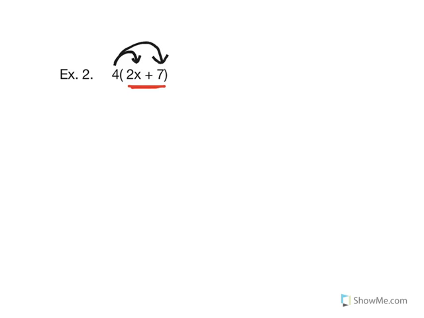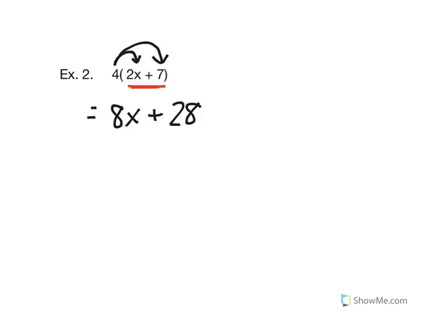The way we typically write it is bringing down our equals. 4 times 2 is 8 with that x on it. That's the 4 multiplying times the 2x. Then the 4 multiplies times the 7, and we get a positive 28. Notice inside those parentheses we had an x and a number that couldn't add.